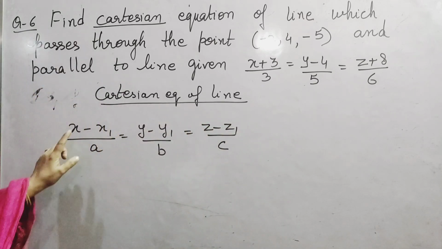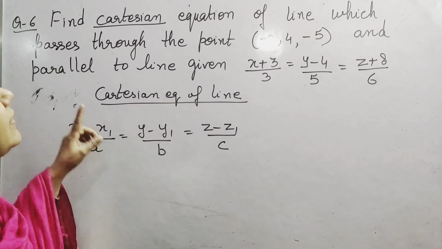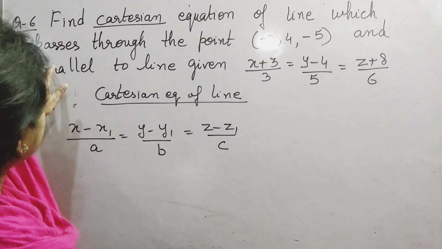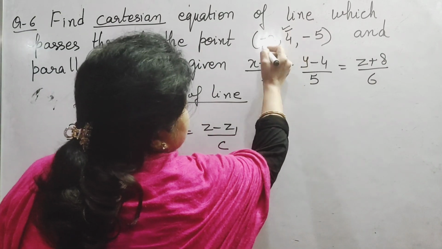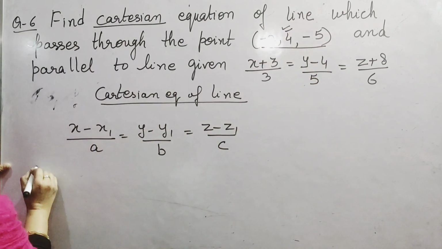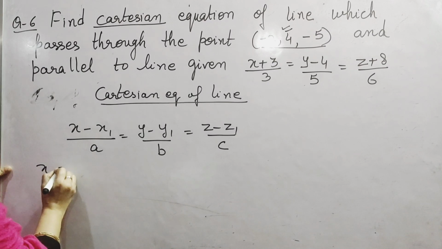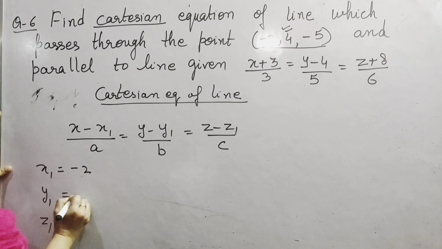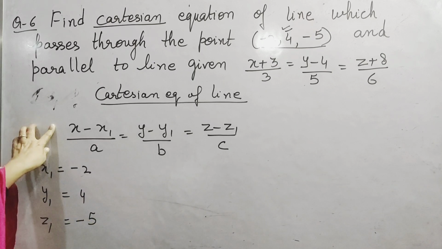Remember this formula. x1, y1, z1 is the point from where the line passes. Now the line passes through this point, so these are the values for x1, y1, z1. So we have the values minus 2, 4 and minus 5 in this equation.